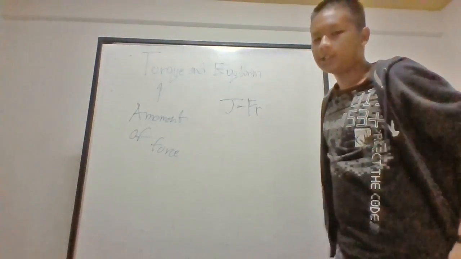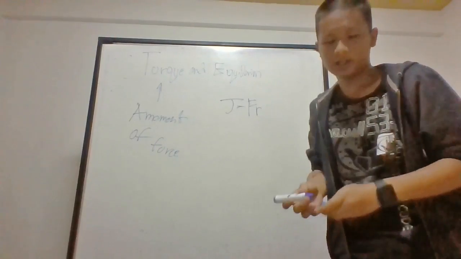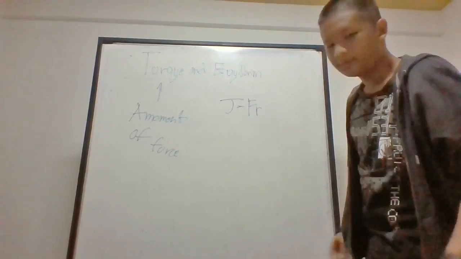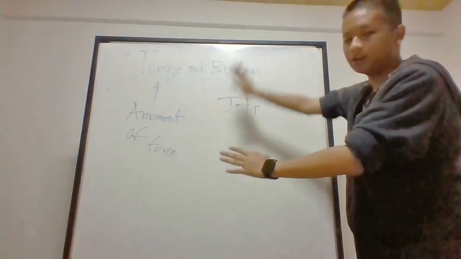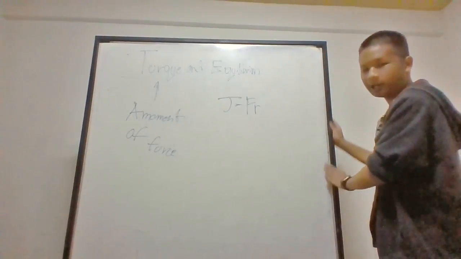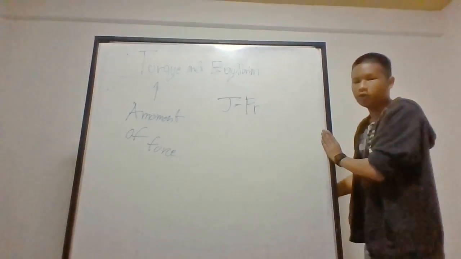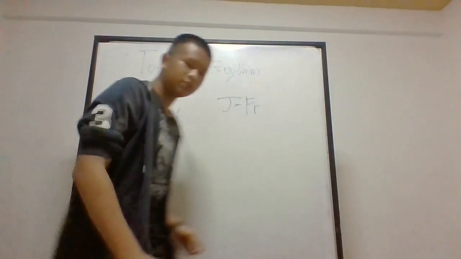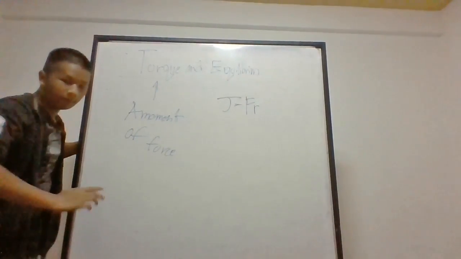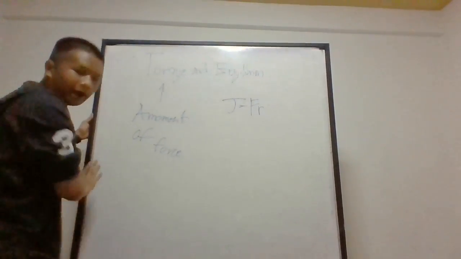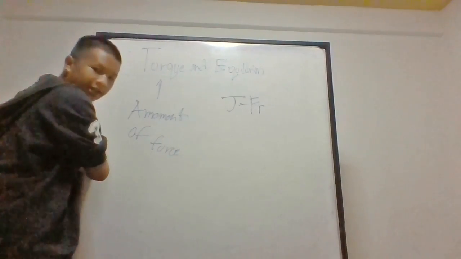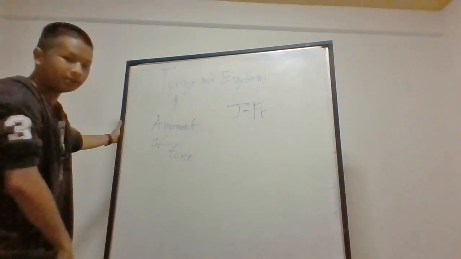So it's something like a door. Let's imagine that this is a door and this is the center of mass. We push the door this way, back. I apply the force here, so I push it back.